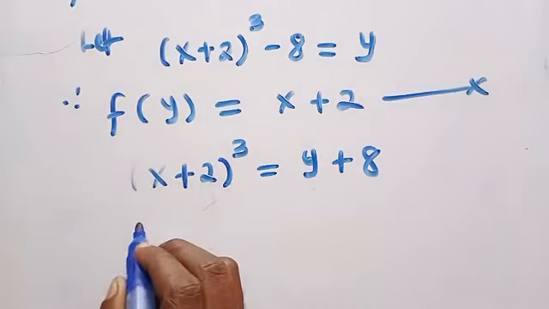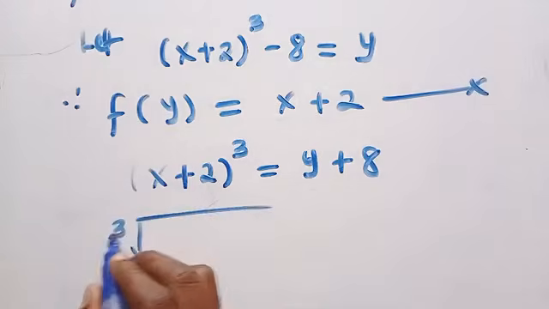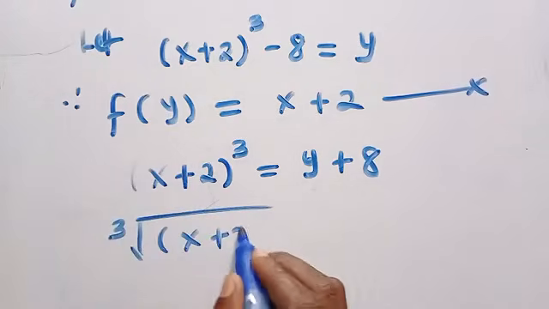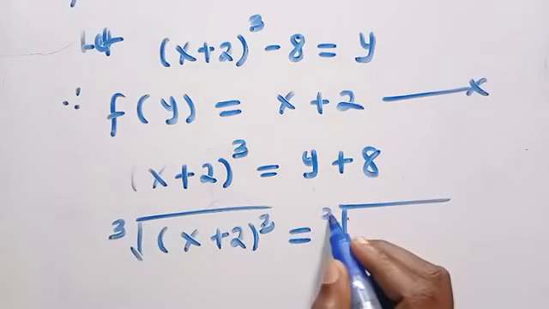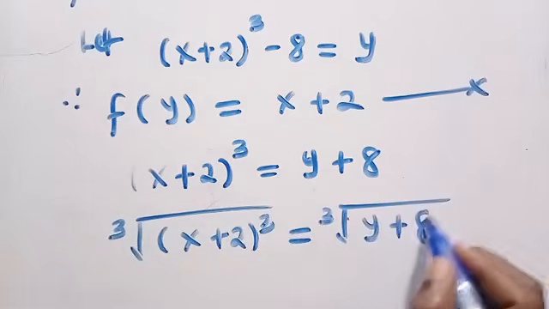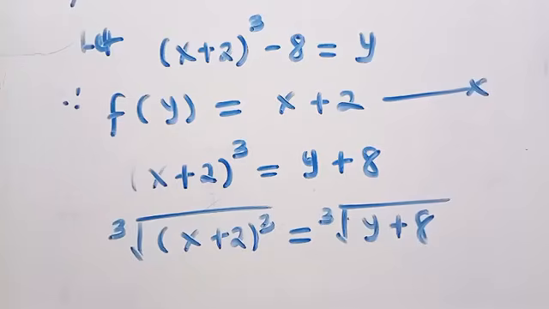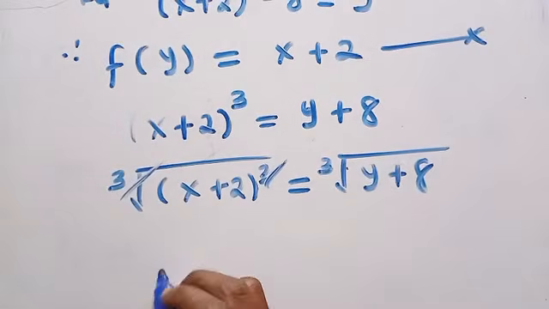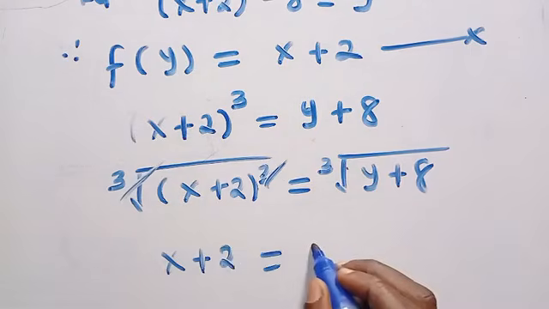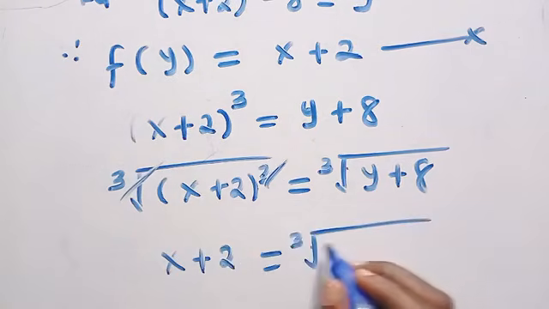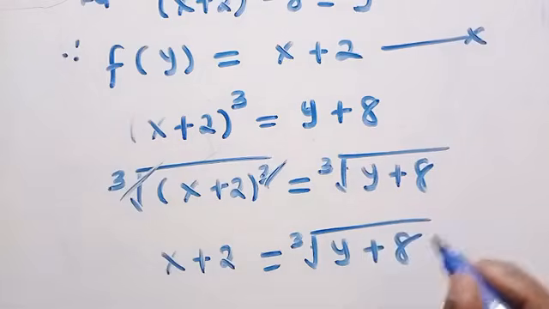By taking the cube root of both sides, we have the cube root of x plus 2 raised to the power 3 equals the cube root of y plus 8. And whenever we have cube and cube root, they cancel, as this side remains x plus 2 equals the cube root of y plus 8.